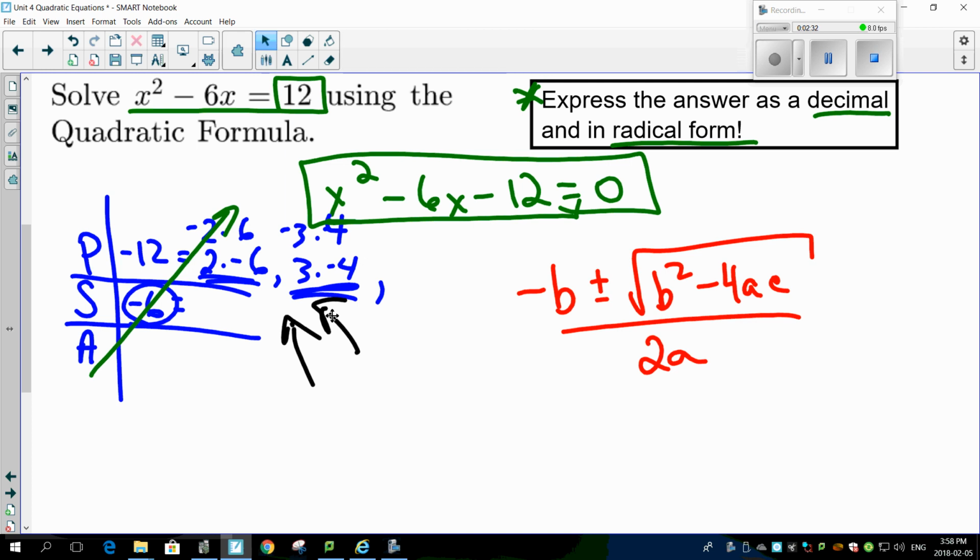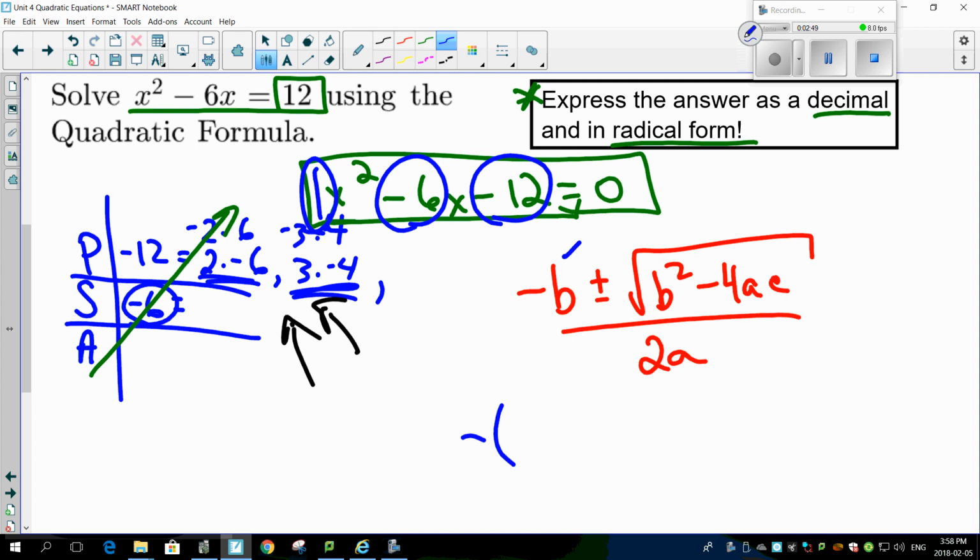So, wait a second. What's what here then? Well, remember which is which. That is your a value. There's your b value. There's your c value, which means just substitute it in. So here we go. Let's start here. Minus b. So minus, your b is already negative, so minus minus 6. You have to do the double minus, otherwise you're going to get the wrong answer.